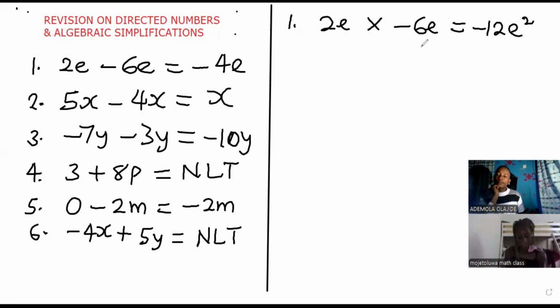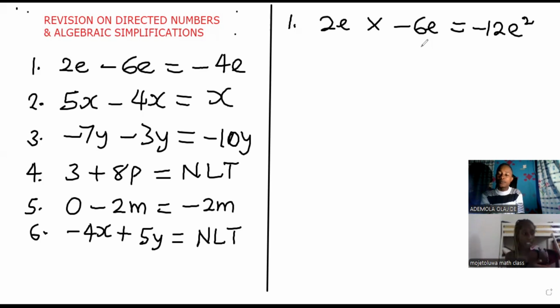Okay, so as we can see, if we look at our signs, it's times. So we are going to times the 2e and negative 6e. The 2e is positive 2e and the 6e is negative 6e.